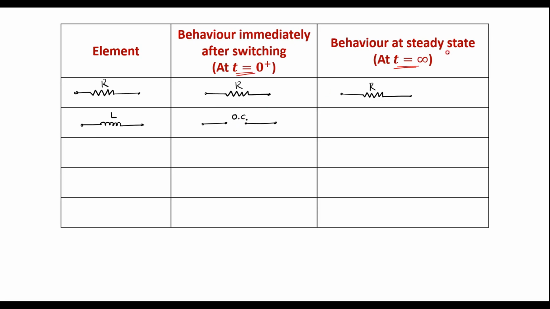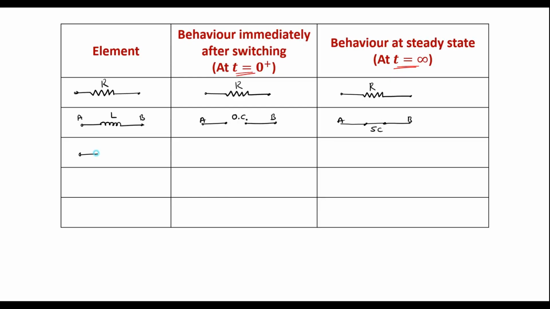Similarly, at steady state, that is at t equal to infinity, the inductor acts like a short circuit. So this inductor is replaced by a short circuit. Suppose this is terminal A and this is terminal B. So this will be open circuit and here it will be short circuit between A and B.